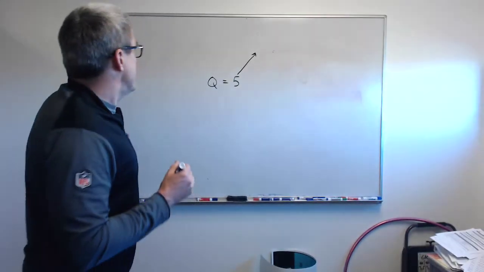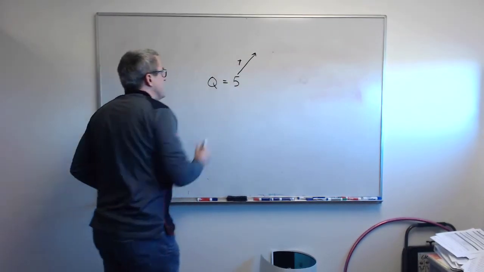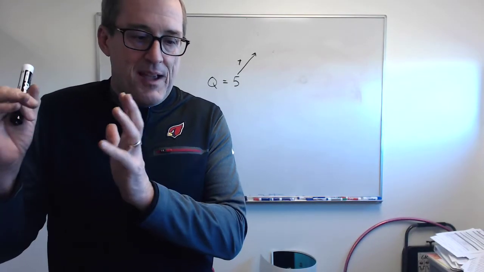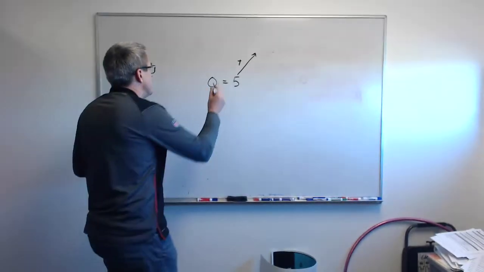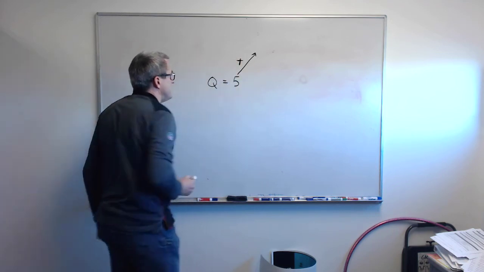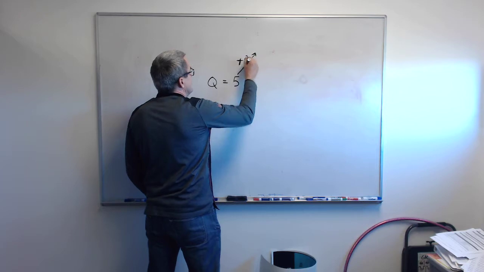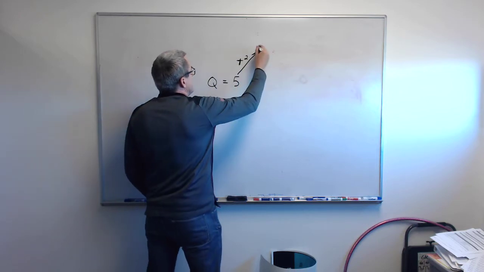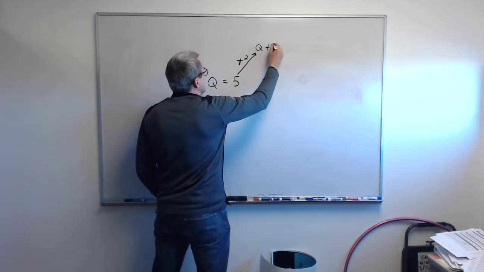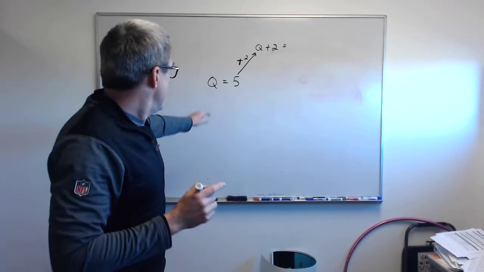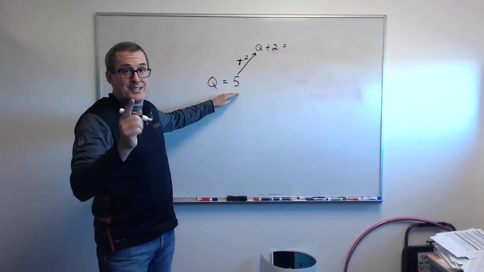So let's say, for example, I start with q equals 5, and I'm going to make a new equation involving addition. This is an addition sign. So I might say something like this, add 2. If I add 2, it would look something like this, q plus 2 equals. Now remember, the claim that q equals 5 is still true.